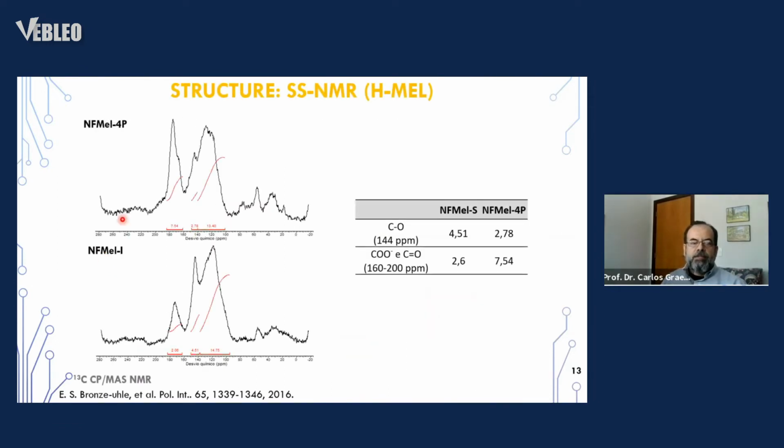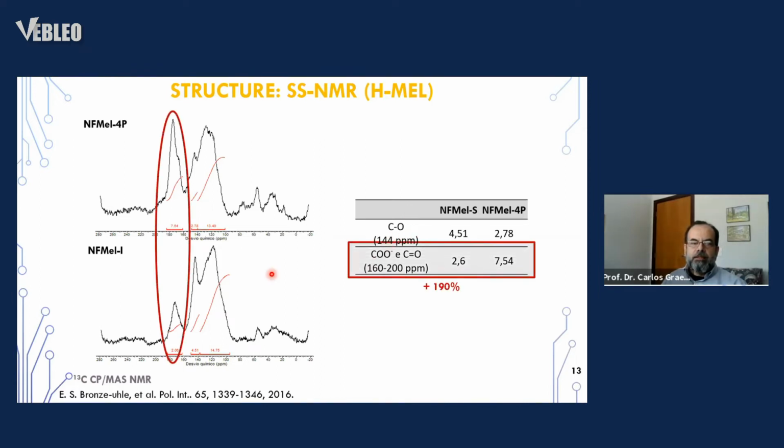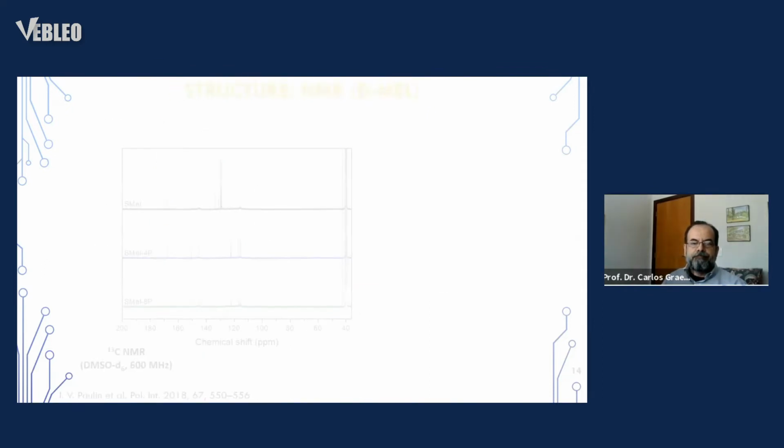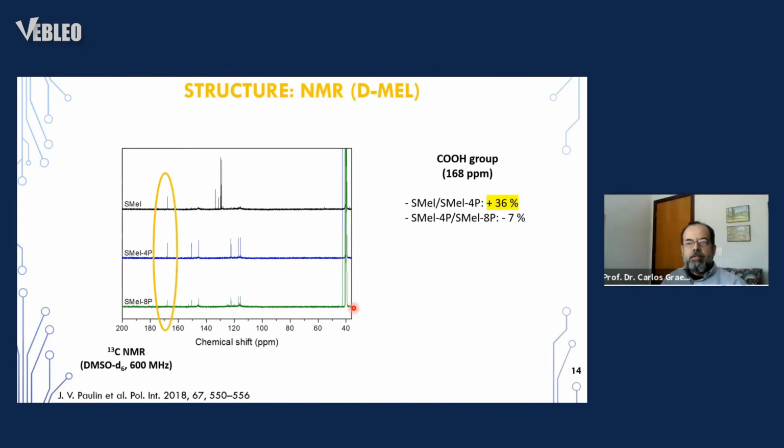This is also observed clearly in NMR, and we can see here that by changing the pressure, we can have quite an increase in these carboxylic acid groups. Okay, so we can see it also in the carbon 13 NMR, and we see an increase of 36%.